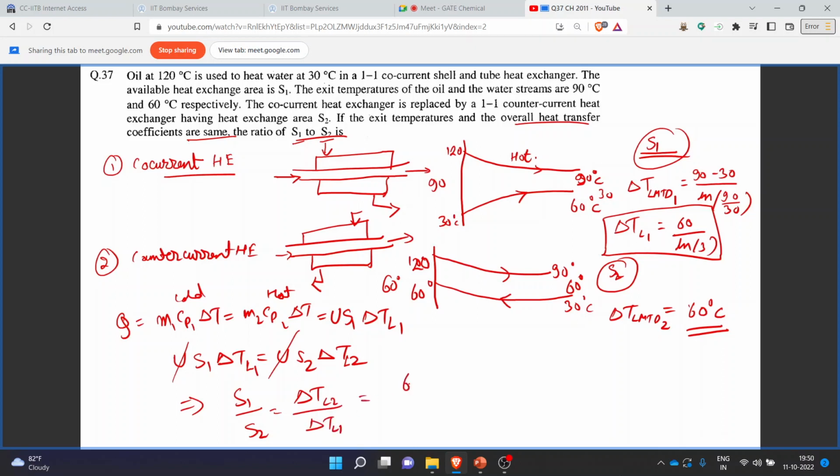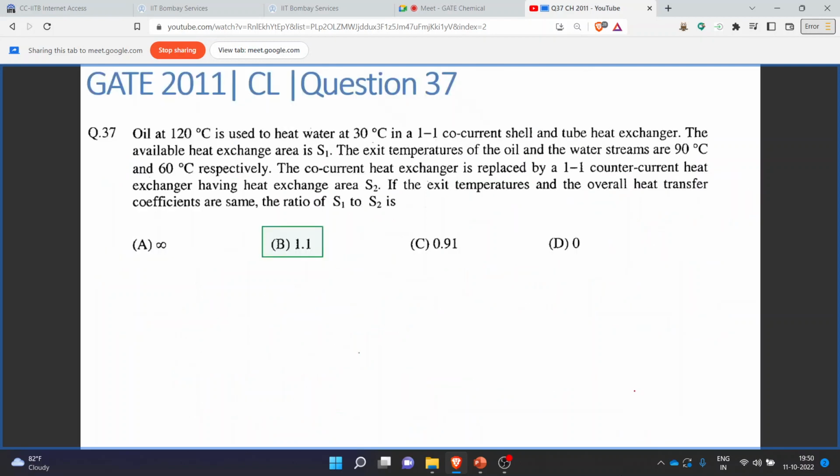So basically it will become 60 upon ln of 3, and the value of natural log of 3 is somewhat around 1.1. So from the given options we can select the correct answer as 1.1. That is, if we are changing the scheme from co-current to counter current, then the ratio of their heat transfer area will be 1.1.